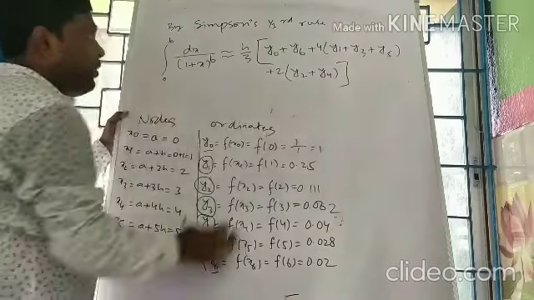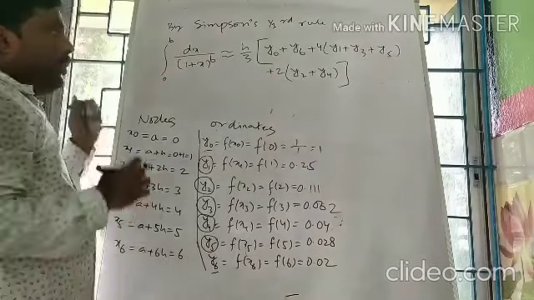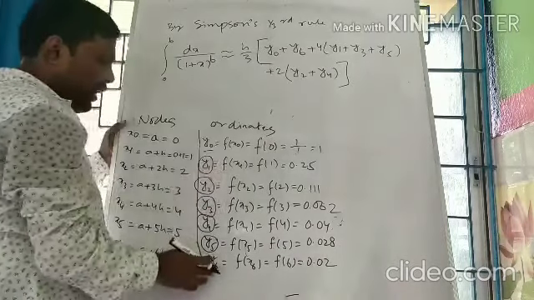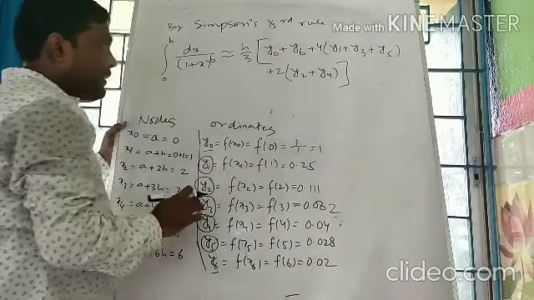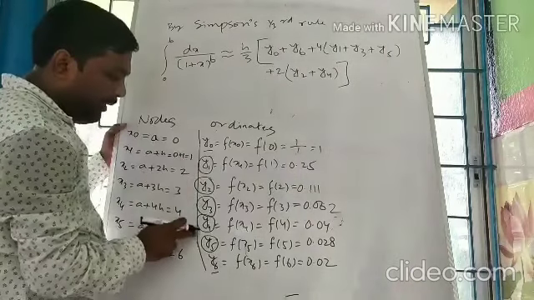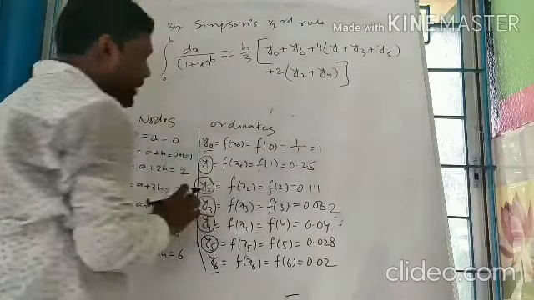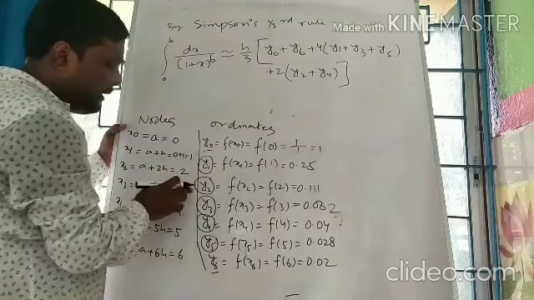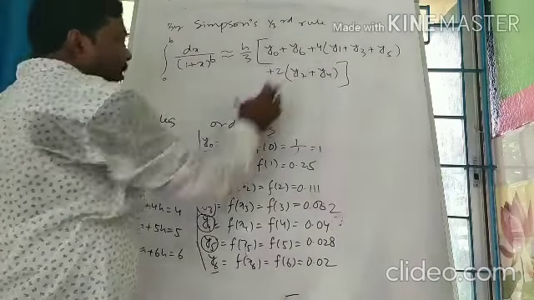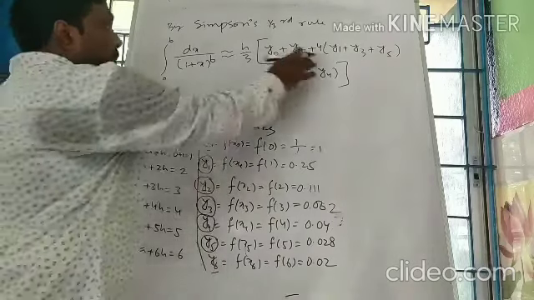Because y6 is already taken, you can neglect y6 here. So h by 3 times y0 plus y6 plus 4 into y1, y3, y5 plus 2 into y2 and y4.